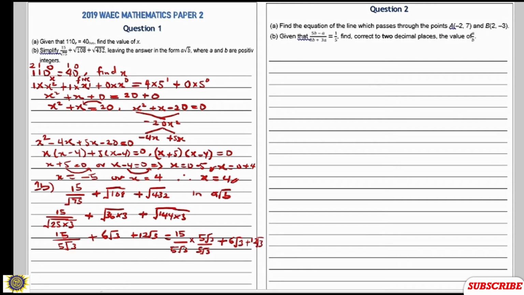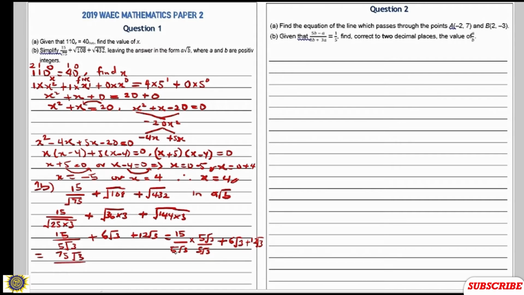So what do you have now by rationalizing this? We have 15 times 5, which is 75 root 3.